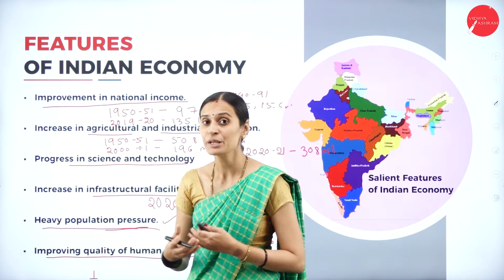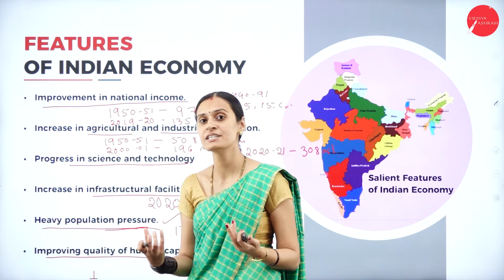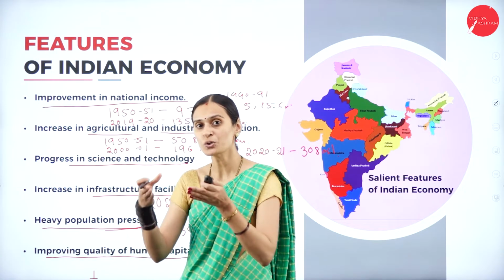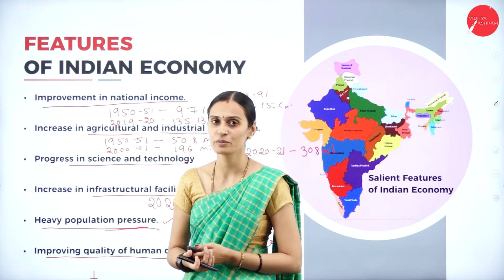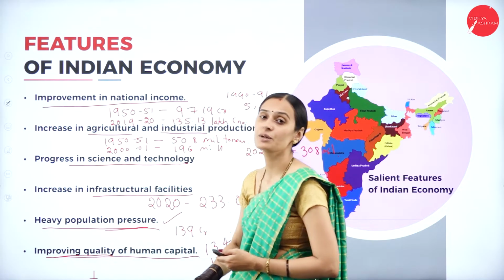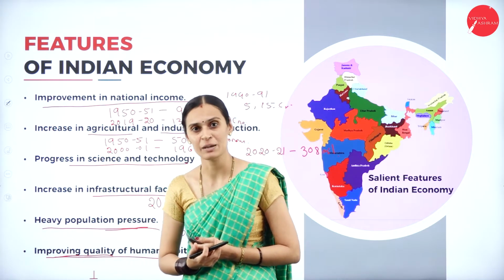And of course, improving healthcare facilities and the education system contributes to human capital formation. That is why we can consider, yes, we are improving the quality of human capital.